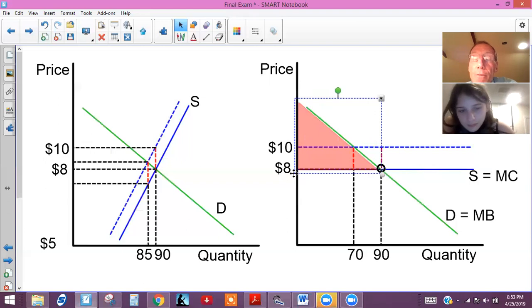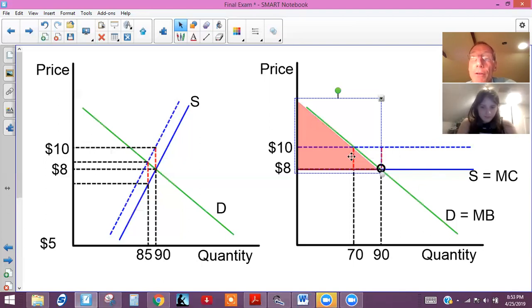If there's a perfectly elastic supply curve, a perfectly elastic marginal cost curve here, what is the producer surplus? I don't think they have any. They have none. It's absolutely zero. It's zero before the tax, and it's zero after the tax.